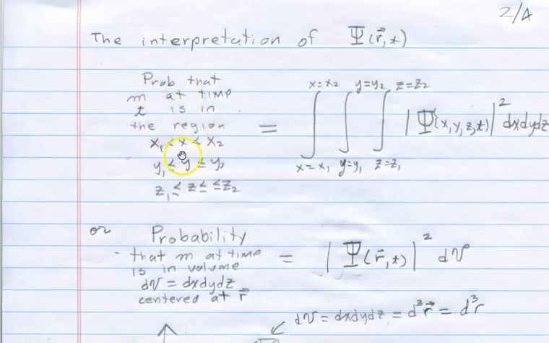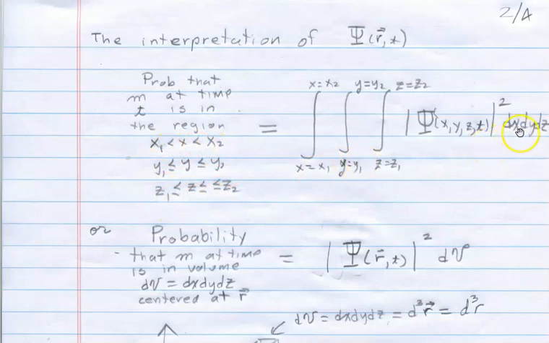It's really the volume that's bounded in the x direction by these specific values x1 and x2, y from y1 to y2, and z from z1 to z2. It was originally in one dimension just a single integral, so now we have to integrate over all three dimensions, in Cartesian coordinates anyway, of the absolute modulus squared. So this is the wave function squared, and we integrate over those three regions to get the probability of finding the particle inside the box that's bounded by x1, x2, y1, y2, and z1, z2.